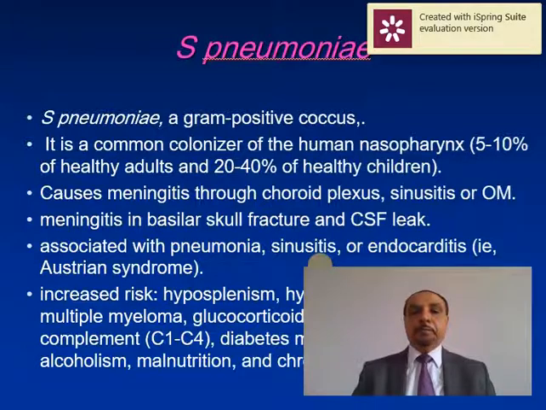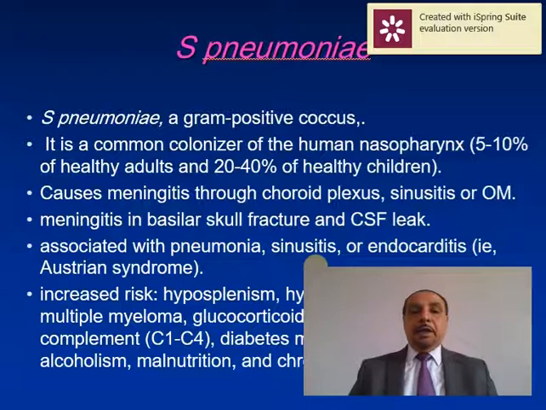About 5 to 10% of healthy adults carry the pneumococci, and about 20 to 40% of healthy children, so it colonizes the throat of children more than adults. It will cause meningitis through the choroid plexus, sinusitis, or otitis media.